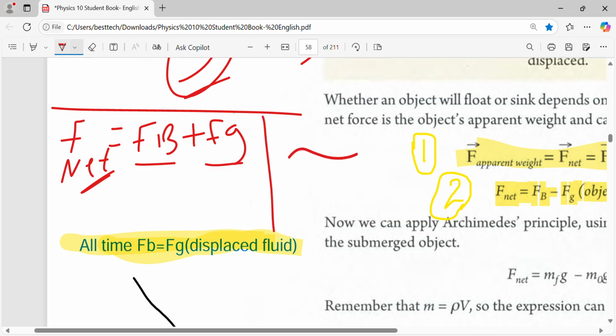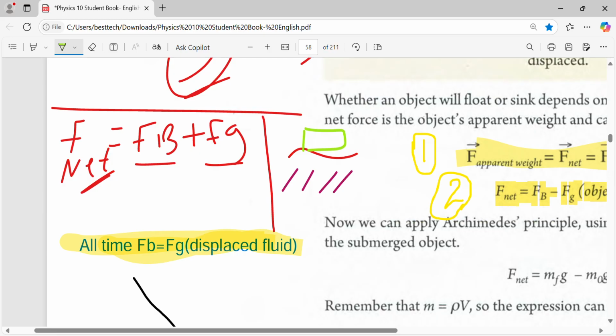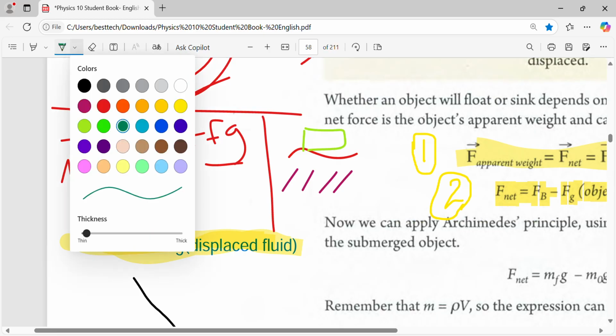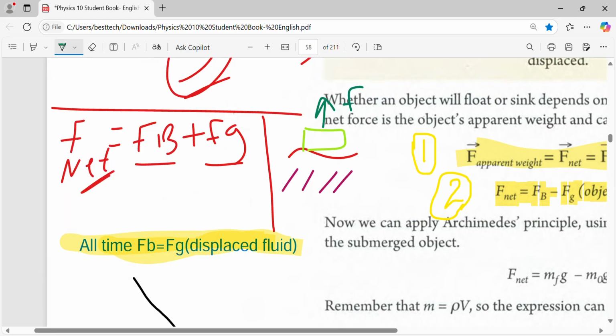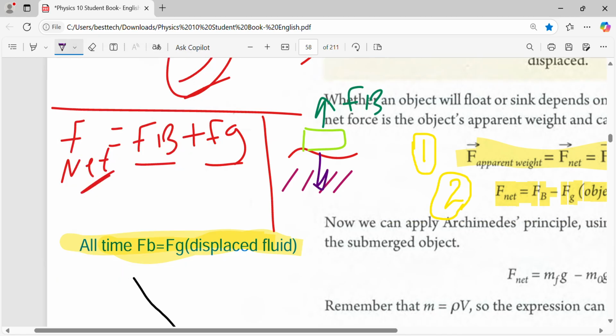Okay, and look at this picture. For example, the object is on the surface of the water. Two forces affect this object: Fb from the top, and Fg from the bottom. Why is Fg negative here?